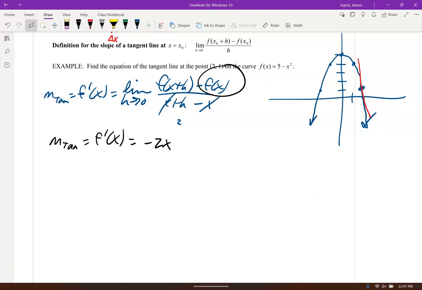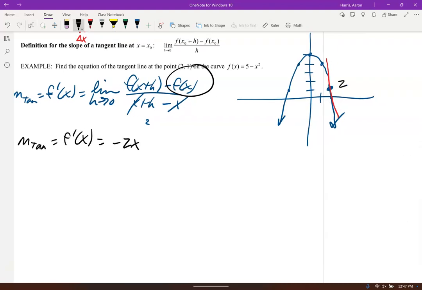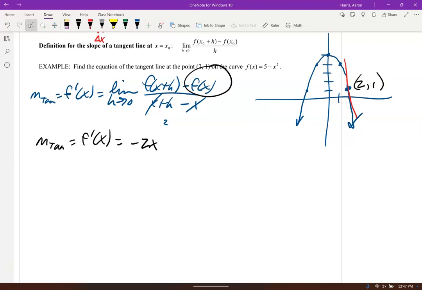So that's the slope of the tangent. Well, the question is where at? We're finding the slope at what point? Remember, this was the point (2, 1), right? So I'm finding the slope of the tangent at (2, 1).